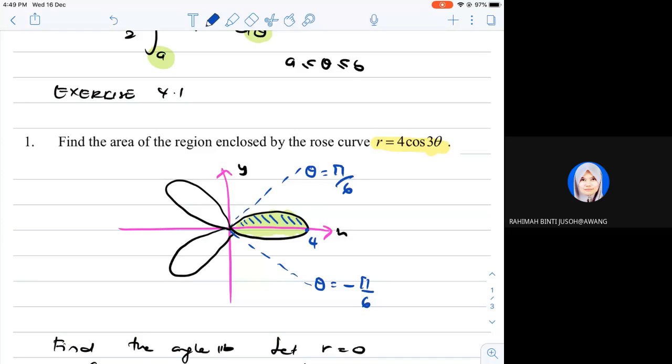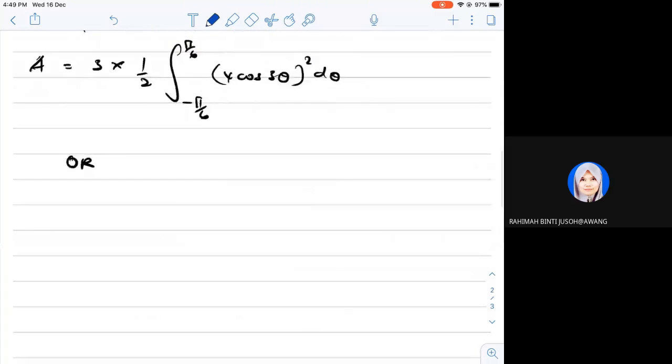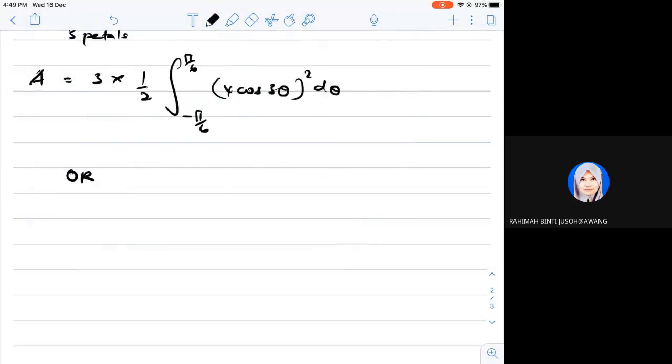So I will consider the angle starting from 0. So we will have another formula: area equals 3 times 1 over 2 times 2, because I consider the angle from 0 until pi over 6, and then r is the same. So (4 cos 3 theta) squared d theta.